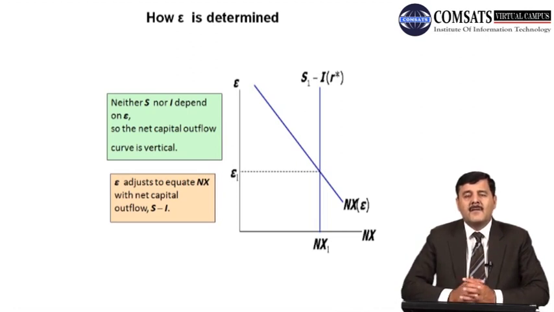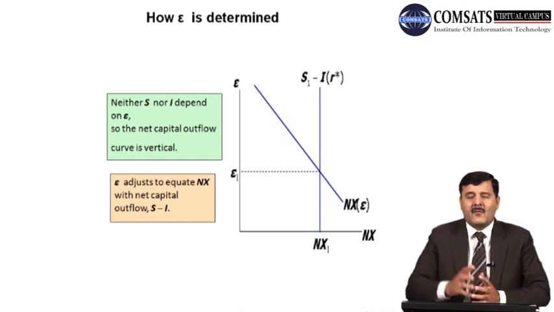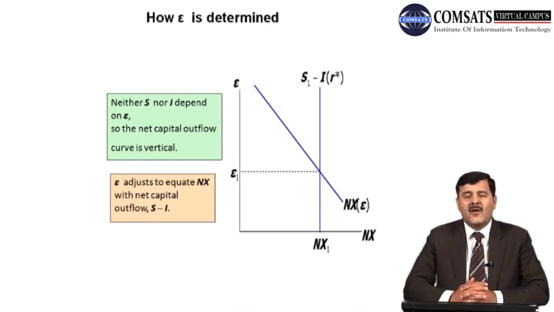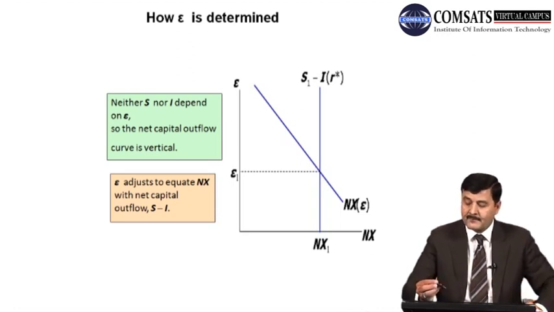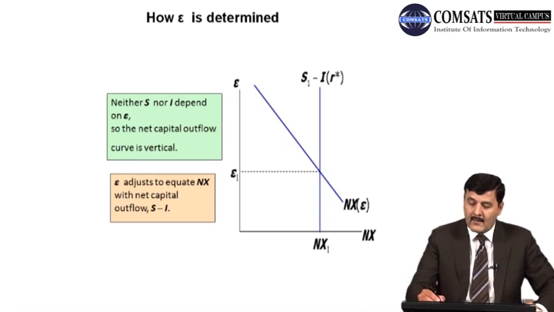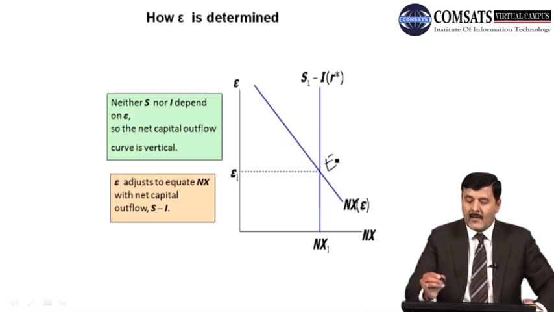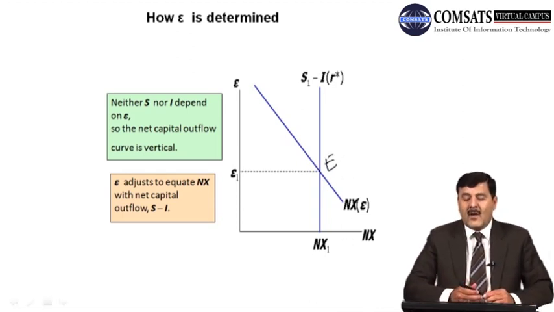So we are trying to determine S1 is the supply of exchange rate and NX is the demand of the exchange rate. So both of these two curves intersect at a point, which is the point basically E. Now at this point the real exchange rate is E1 and the net exports are NX1.